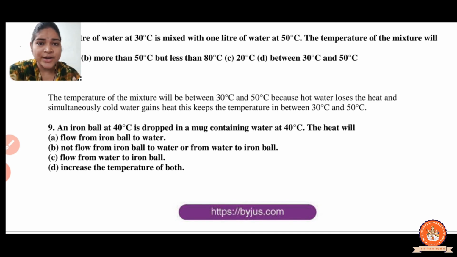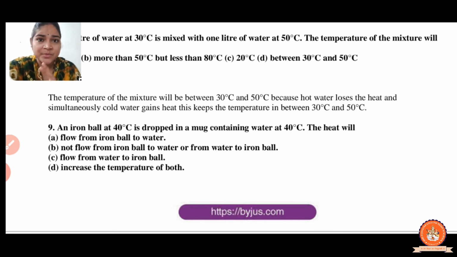I already told you in the chapter explanation. If both temperatures are the same, then the two objects do not transfer heat to each other. Here both objects are in thermal equilibrium. Both objects have a temperature of 40 degrees Celsius.